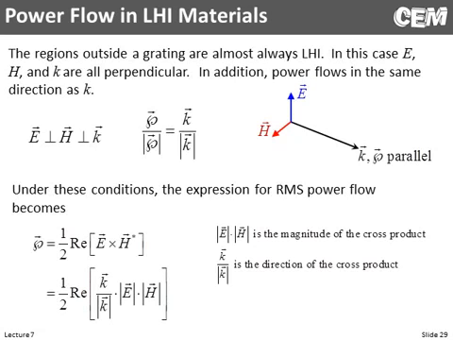It's in the direction of k, or the Poynting vector, or wave vector. So this cross product then has a magnitude and a direction. And that's how I go from here to here. So I've eliminated the actual cross product in there, and I could do that because E and H are perpendicular. Everybody's good, okay.